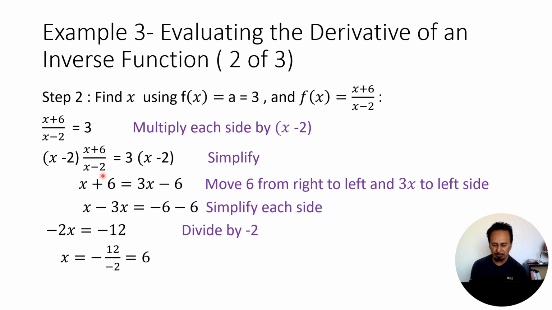Now x minus 2 cancels with x minus 2, and you're left with x plus 6 equals 3 times x minus 3 times 2, which is 3x minus 6. Now it's a linear equation, and we can move the 3x to the left side and 6 to the right side. So we have x minus 3x, and we have minus 6 minus 6, which is minus 12. So x minus 3x becomes negative 2x. Now we divide by negative 2. So this will give you x equal to negative 12 over negative 2, which is 6.